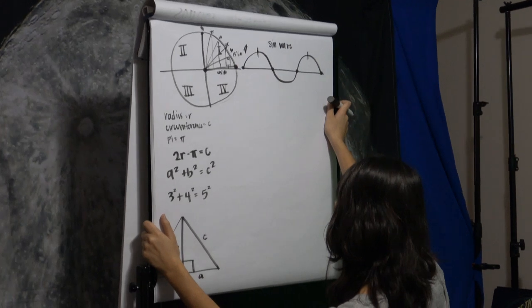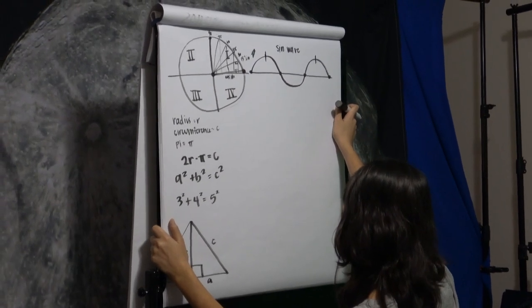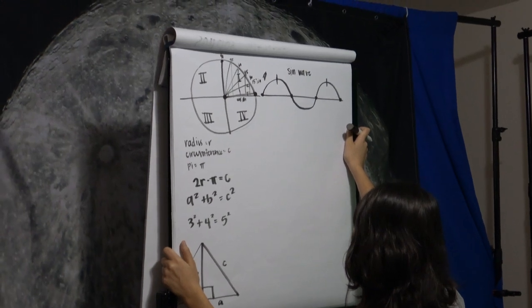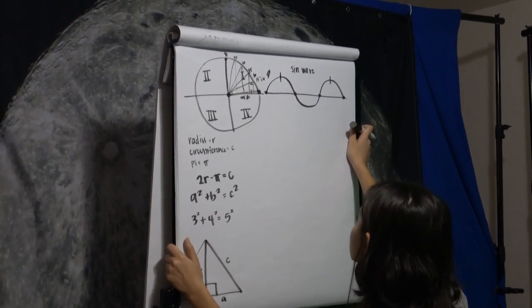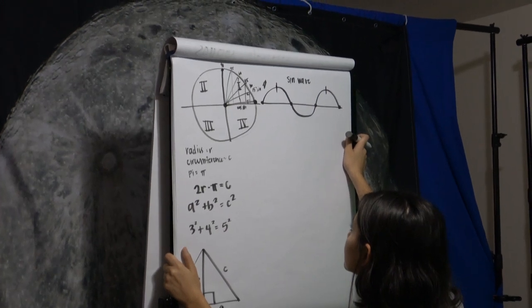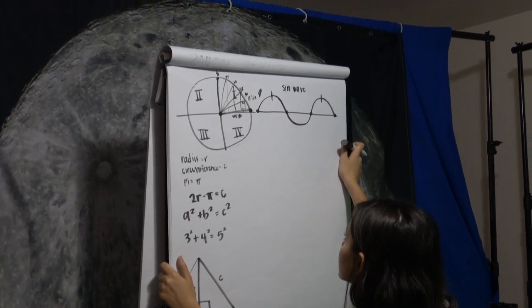So a cosine wave is different from a sine wave. The cosine wave starts up at the top. The sine wave starts on the baseline. So they're out of phase.